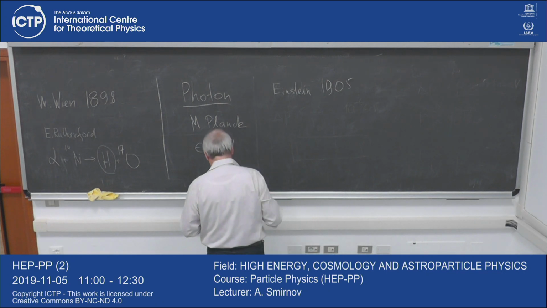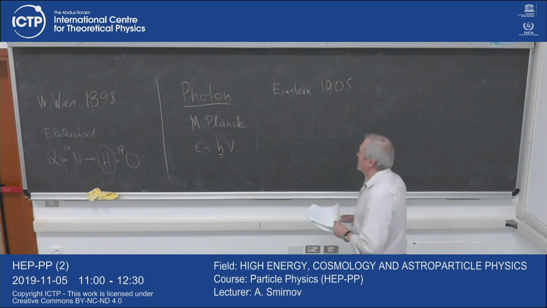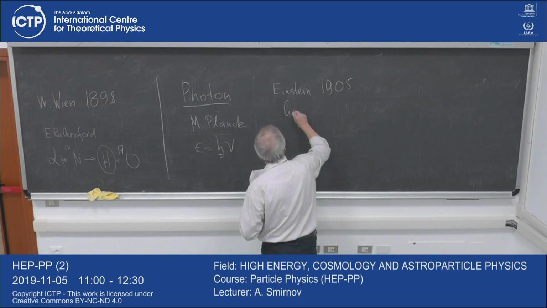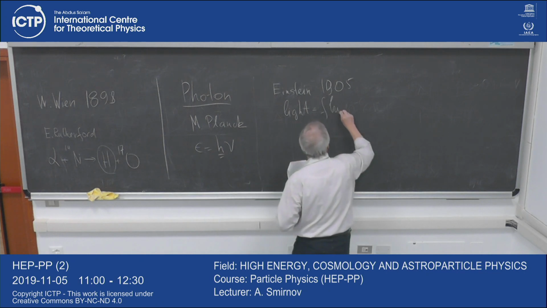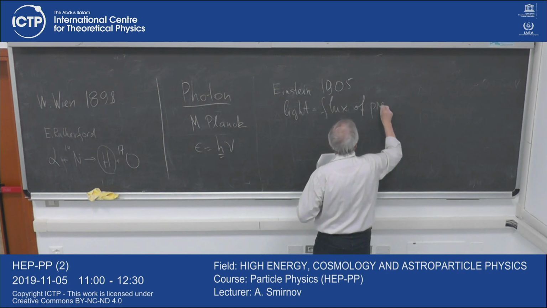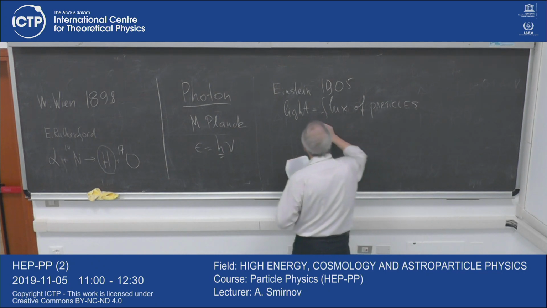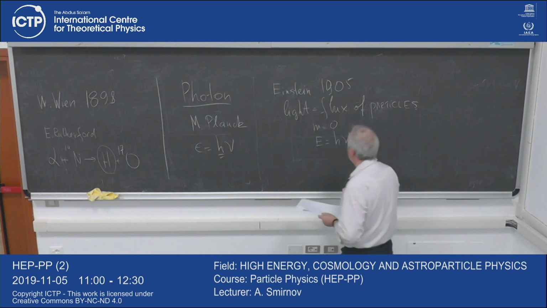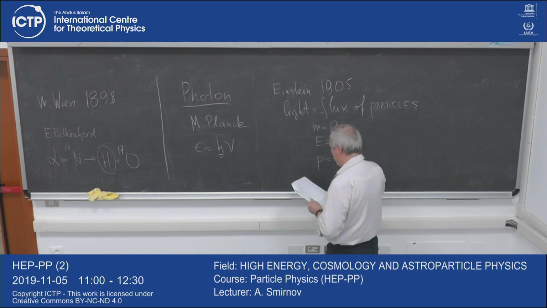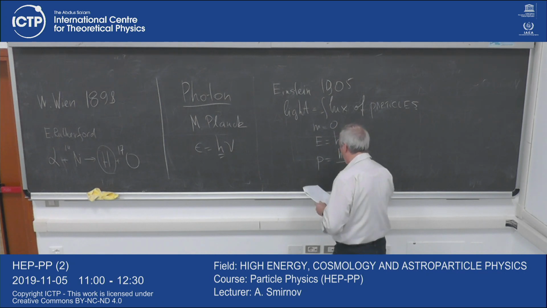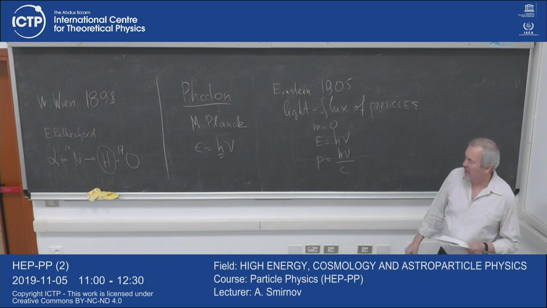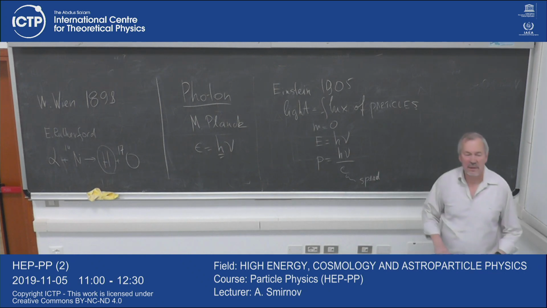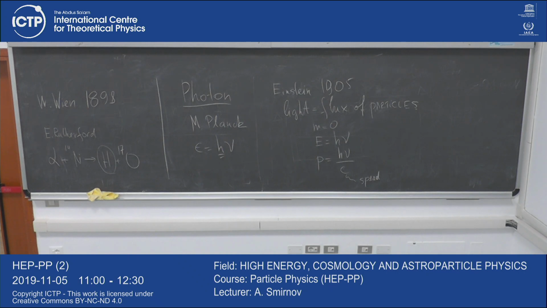So the radiation, and not only radiation, is actually a flux of particles with mass 0, with energy given by the frequency, as Planck also suggested, and momentum h nu over c. These particles are moving with the velocity of light. They are massless, and therefore they move with this speed.